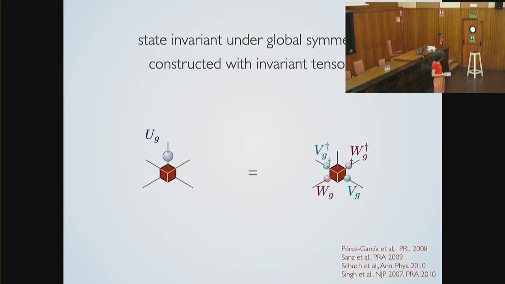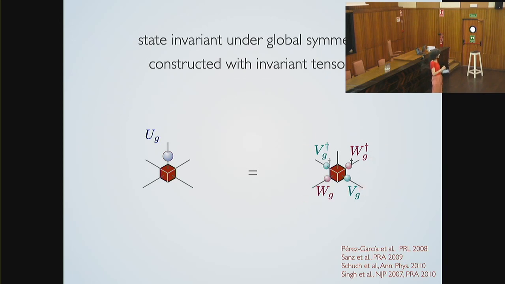When you can construct a tensor network with that property, in the model example that I was showing, you can ask that each of the tensors transforms in this way, so that basically you can apply the transformation on the physical index, and it's the same as applying transformations and its adjoints on the virtual indices.